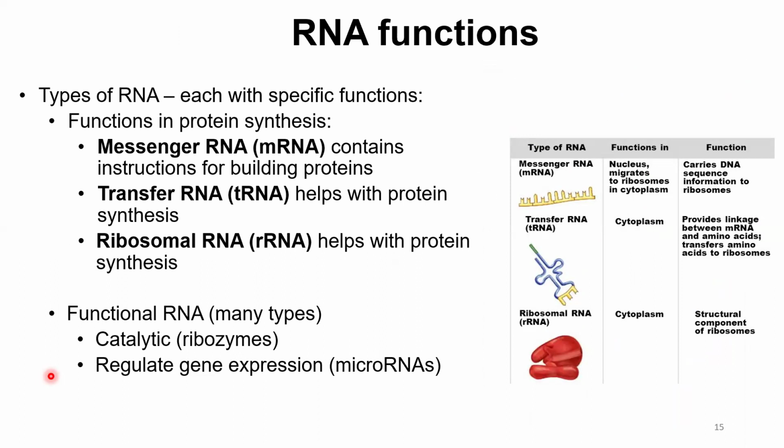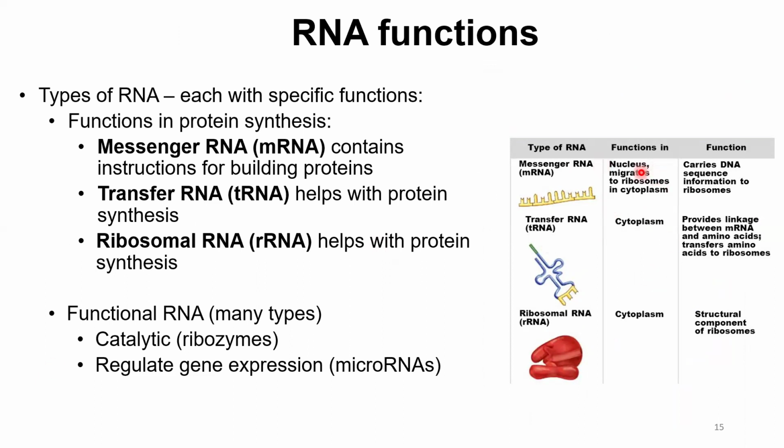And for functions of RNA, those are more in terms of like protein synthesis. Those involve three different types of RNA: messenger RNA, that contains the instructions to build these proteins, transfer RNAs that help with the protein synthesis. Same goes with ribosomal RNA.